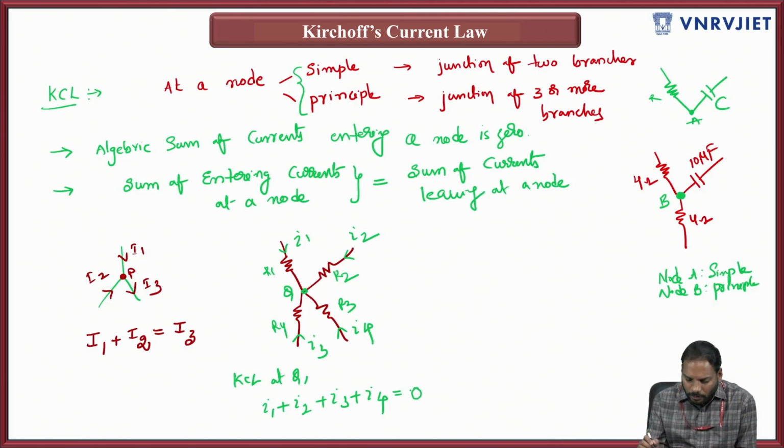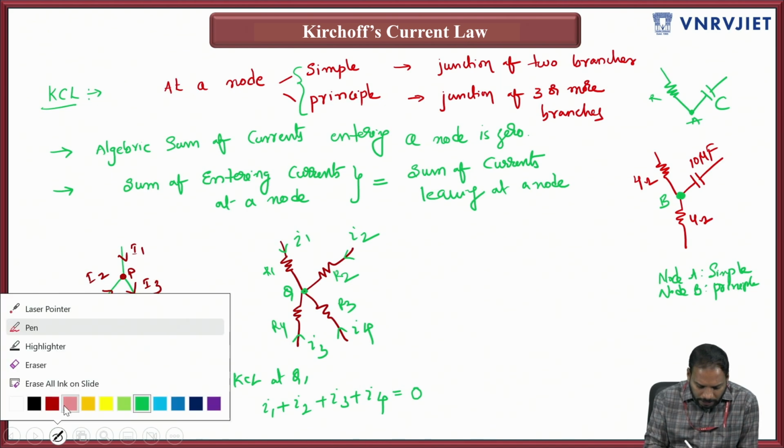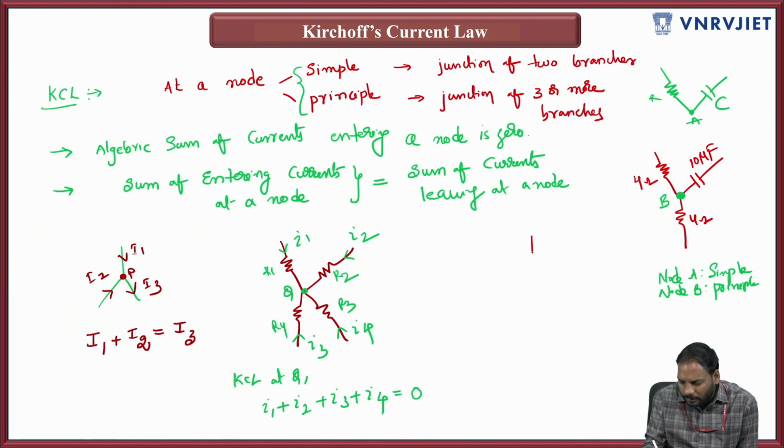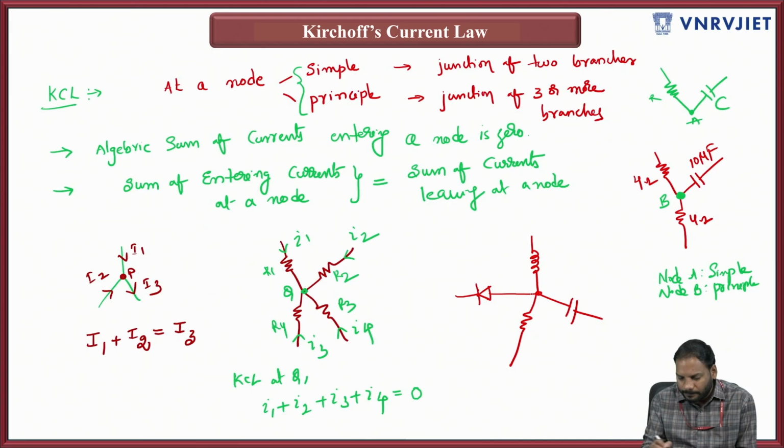Okay, right. So now one more simple example on KCL. An inductor connected here, a capacitor connected here, a resistor connected here, and a diode as well, something like this. These are 2 henry, 4 microfarad, 2 ohms, and a diode.